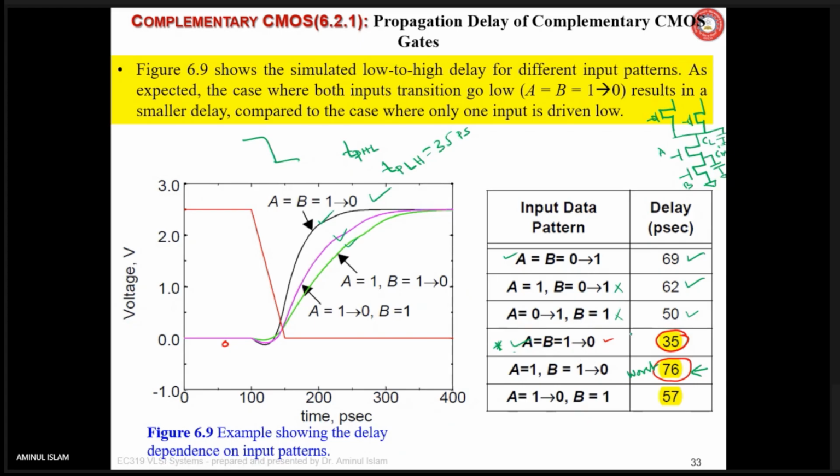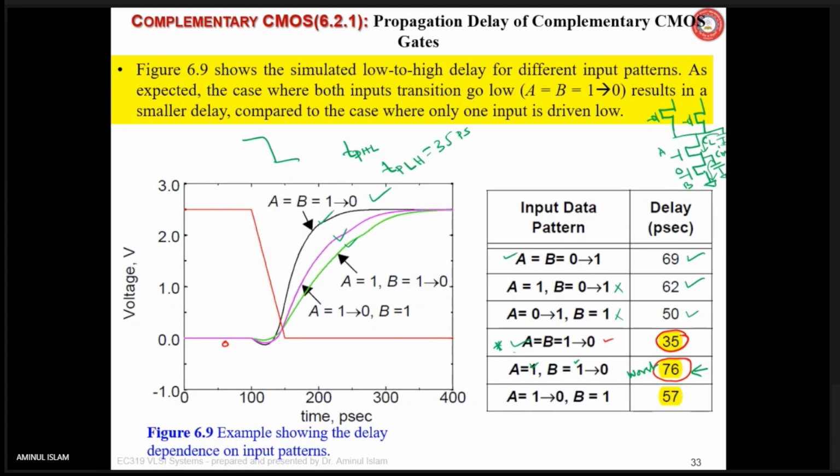Now, when both the inputs were A, both this as well as CL were fully discharged in this condition. Now, B is making a transition to 0.